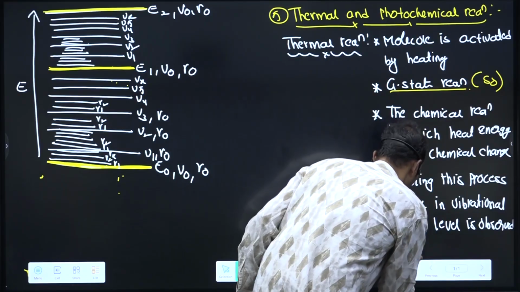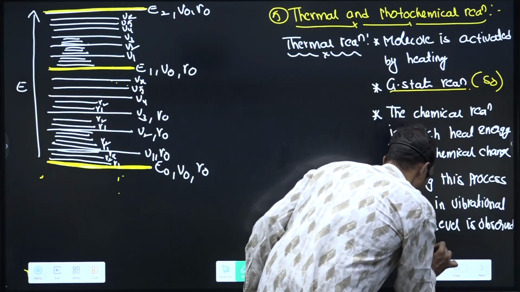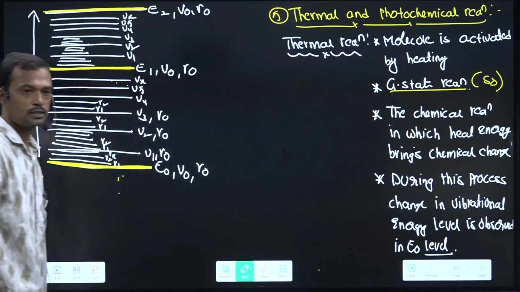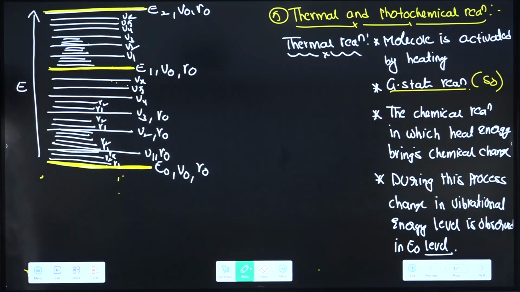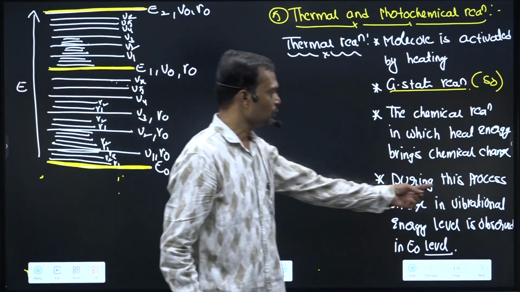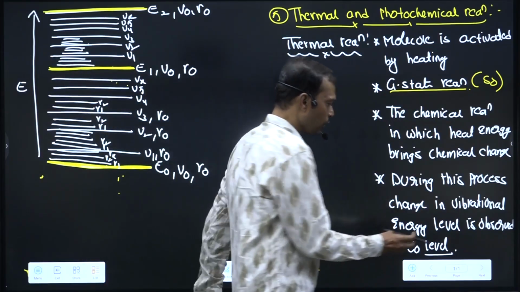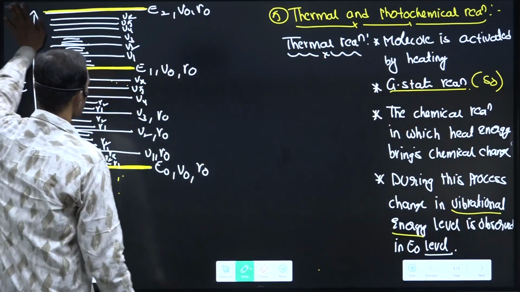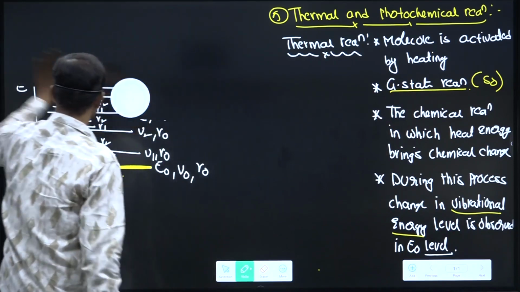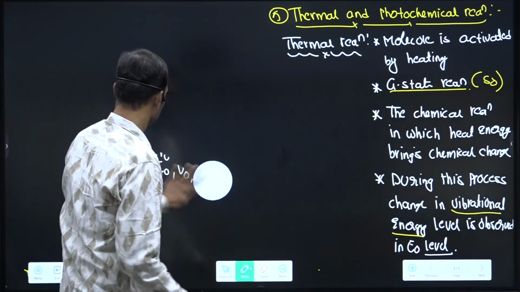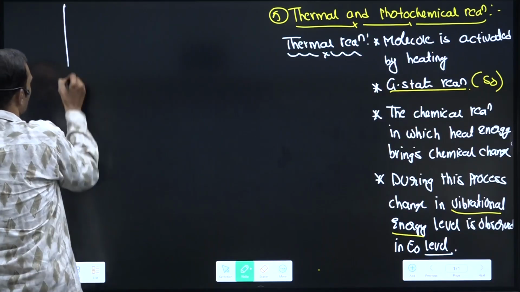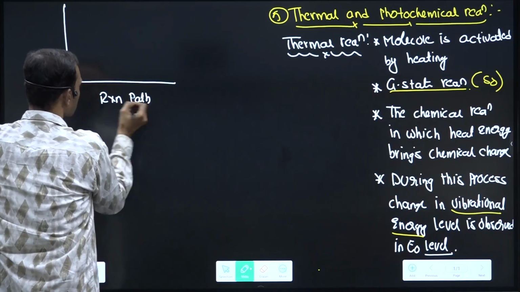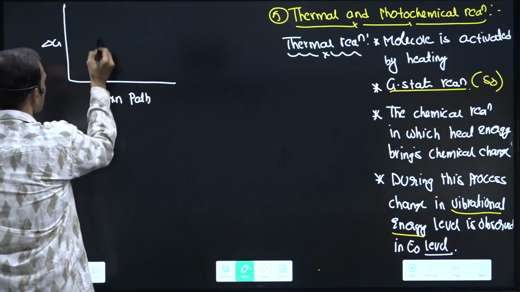It is observed only in the E0 level. Without changing electronic energy level, within the ground state you will get thermal reactions. During this process, change in vibration energy level is observed. Okay? So within the E0 level, there is no change in electronic energy level. So you can write like this. This is reaction path and this is delta G.